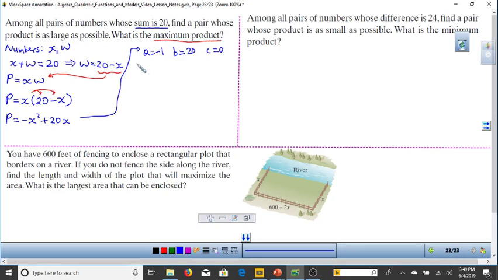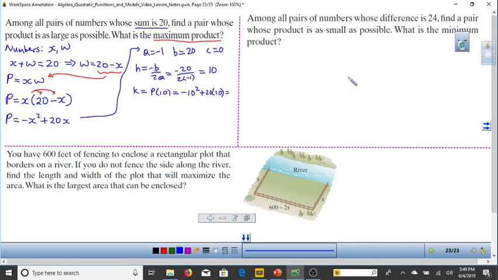So my vertex is h equals negative b over 2a, which is negative 20 over 2 times -1, which is 10. And k is p of 10, which is negative 10 squared plus 20 times 10, which is 100.